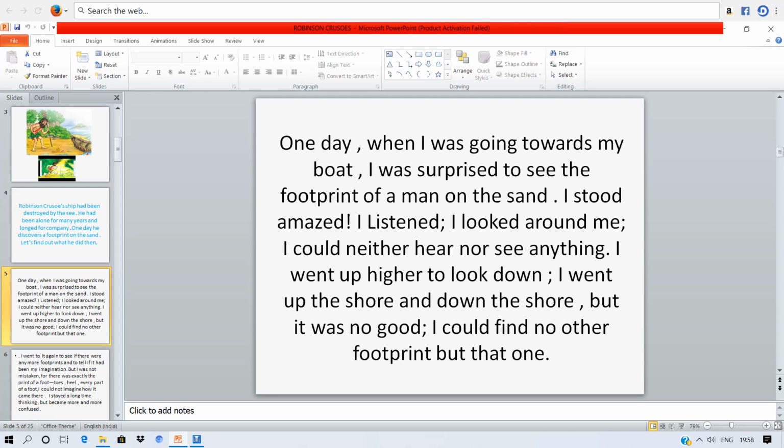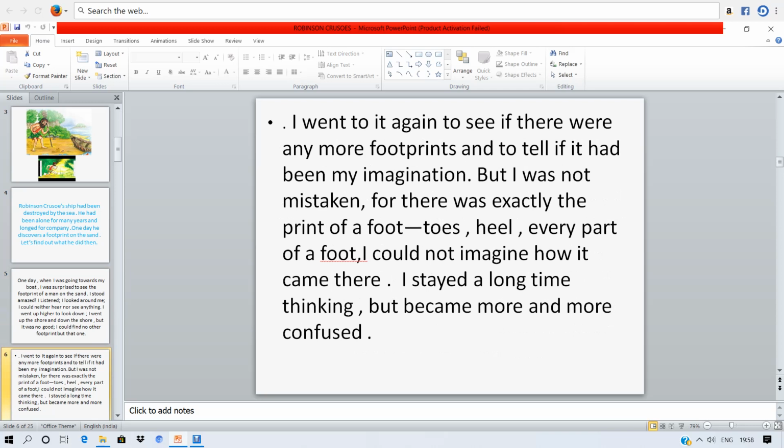Children, let us continue reading. I went to it again to see if there were any more footprints and to tell if it had been my imagination. But I was not mistaken, for there was exactly the footprint of a foot: toes, heel, every part of a foot.